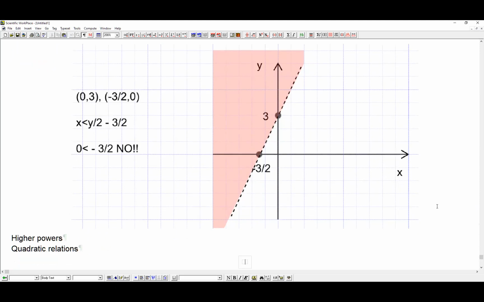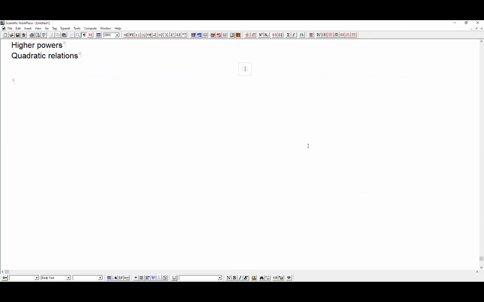So I could have something like x equals y squared, or y equals plus or minus root of x.